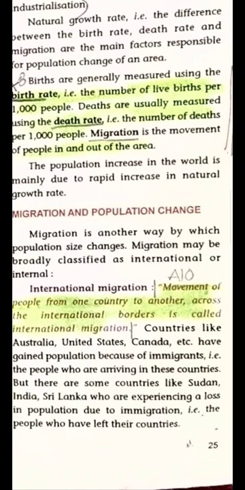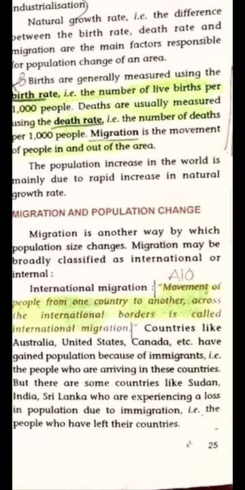Now children, please note, there is a mistake. People coming into a country are called immigrants, and when people are leaving a country, it is called emigration.